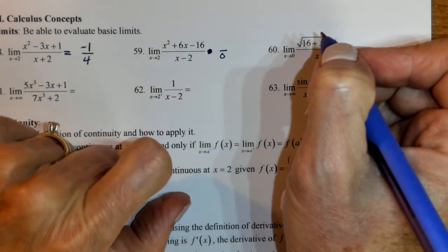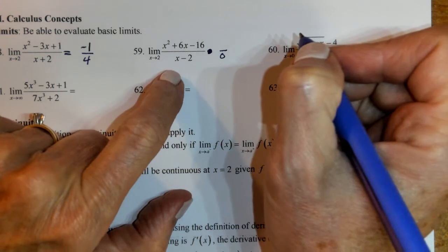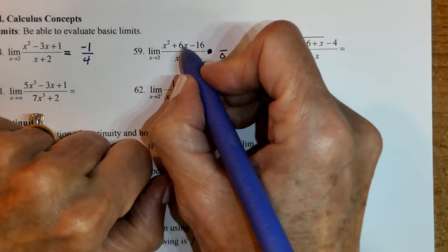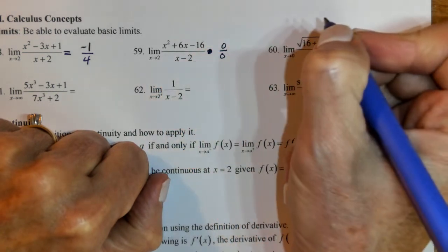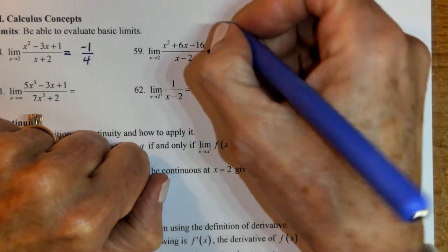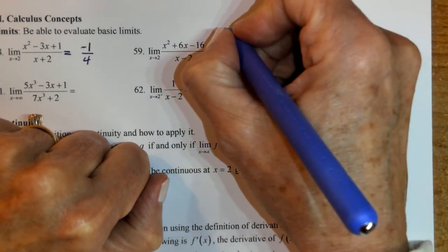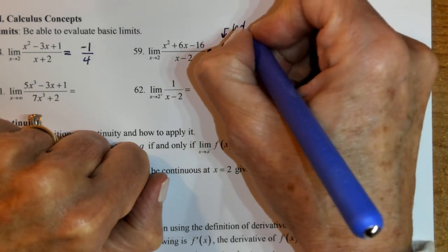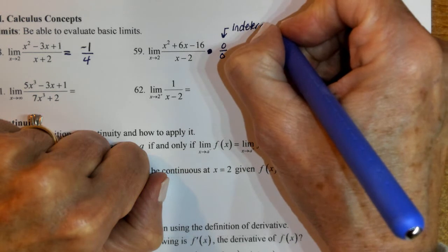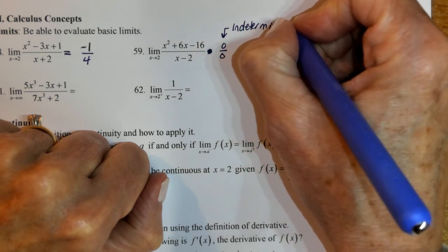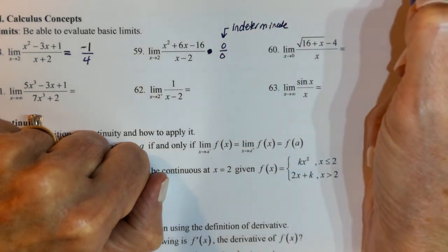I'm going to have 4 plus 12, that's 16, minus 16 is also 0. So I get 0 over 0. This is a form of indeterminate. It's indeterminate form.